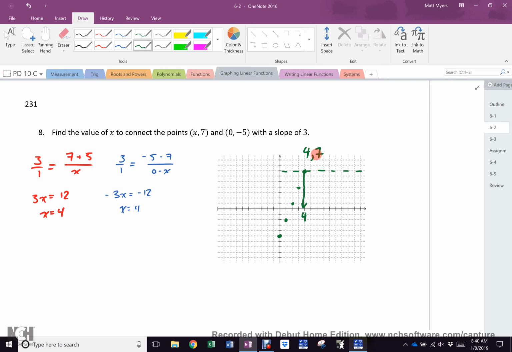And if you label them x1, y1, x2, y2, it's really impossible to screw this up because you don't even have to memorize this or change in y over change in x. I'm going to give it to you. You just have to be able to apply it. Okay?